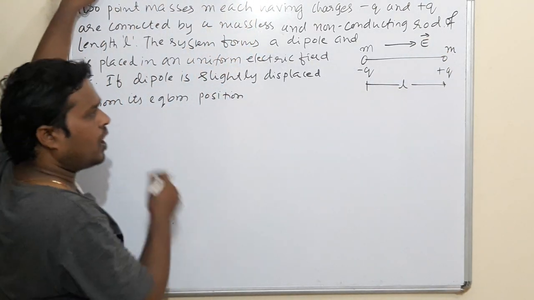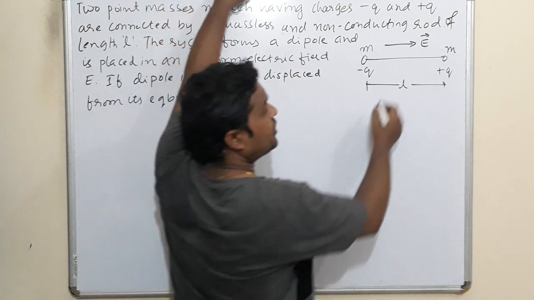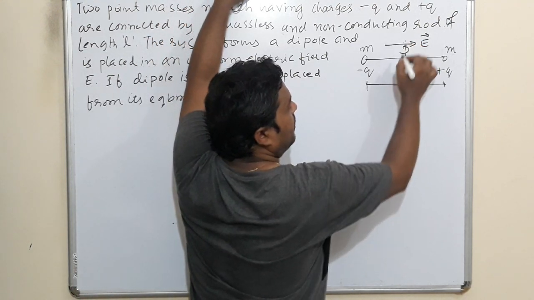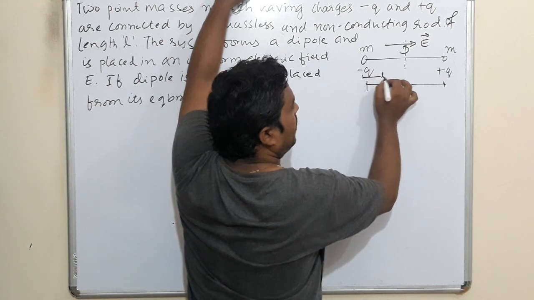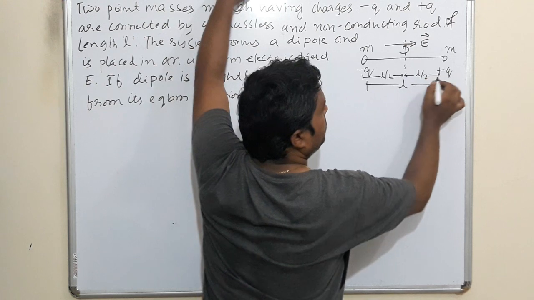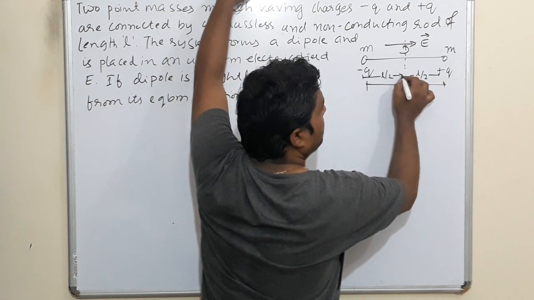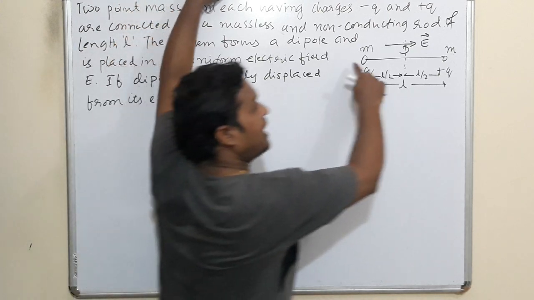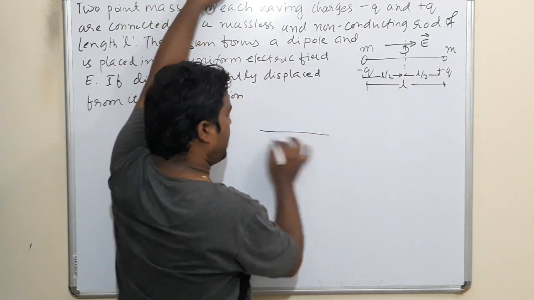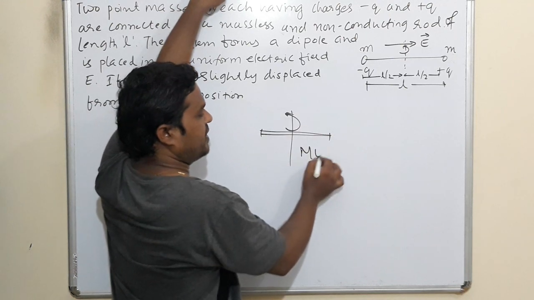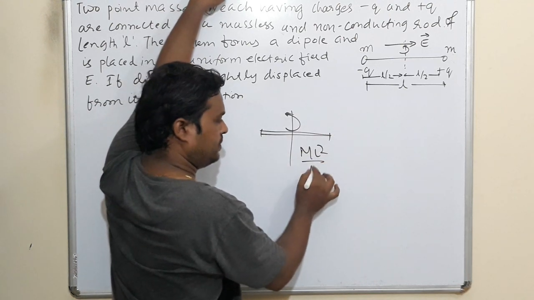Then how will you calculate the moment of inertia of this system? This is the center. This is L by 2. This is also L by 2. Again I am telling you, this rod is massless. If the rod had certain mass, then I could write the moment of inertia of this rod as ml square by 12.